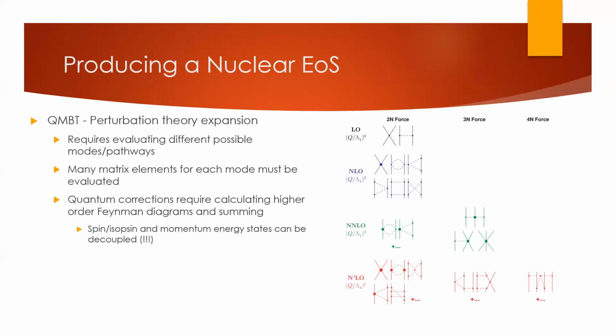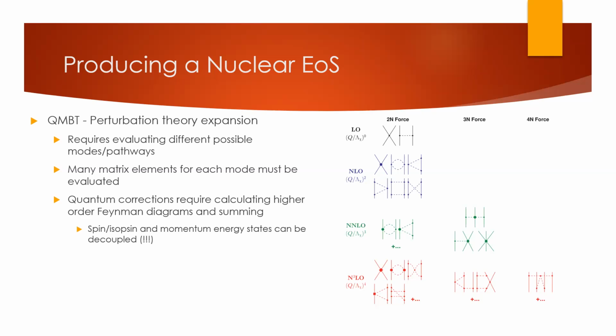So then how does one actually produce the nuclear equation of state? There are many different ways, but almost all of them rely on quantum many-body theory. In particular, the way that we look at is doing a perturbation theory expansion, calculating an approximate Lagrangian, which I won't go too much into, but this process involves looking at all of the different ways that the nucleons can interact amongst each other.